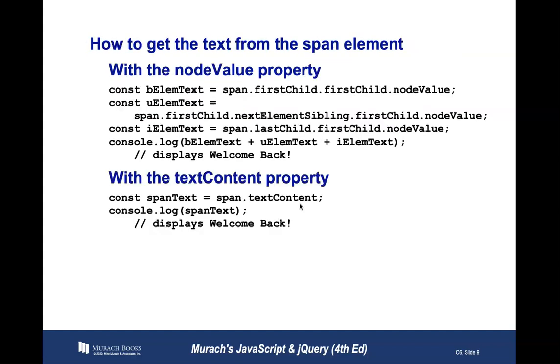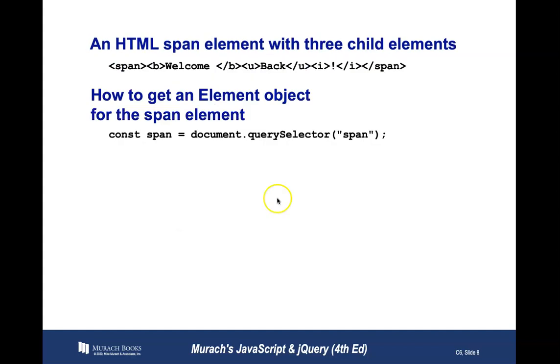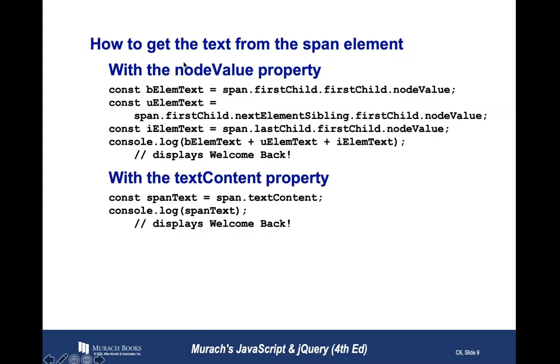Now, if we want to get the text from the span element with the node value property, we can do something like this. lm text span, which is the constant, dot first child, not node value. Well, let's take a look at that. The first child is what? Bold. Dot first child, dot node value is going to be welcome back. So let's take a look at this.